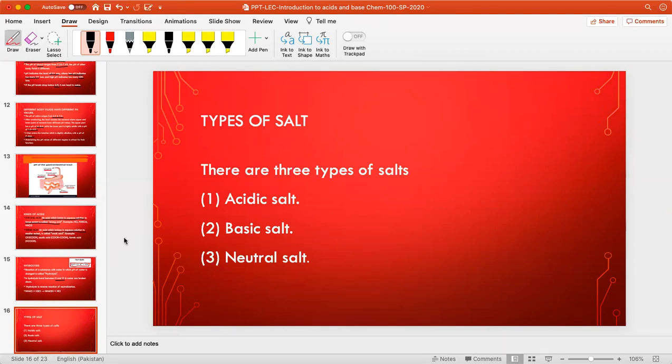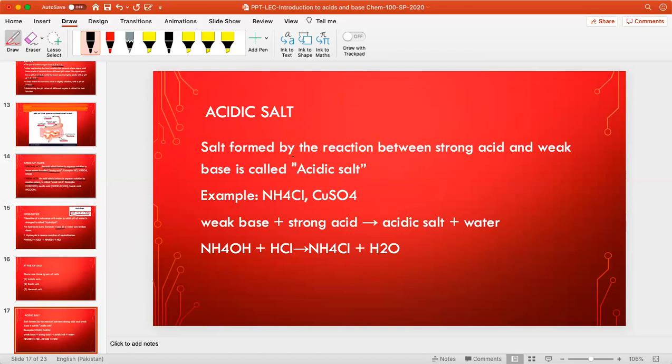Now let's see what is meant by acidic salt. A salt formed by the reaction between a strong acid and a weak base is called an acidic salt. Examples are ammonium chloride and copper sulfate.